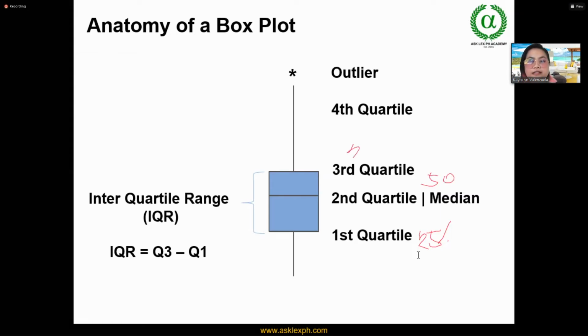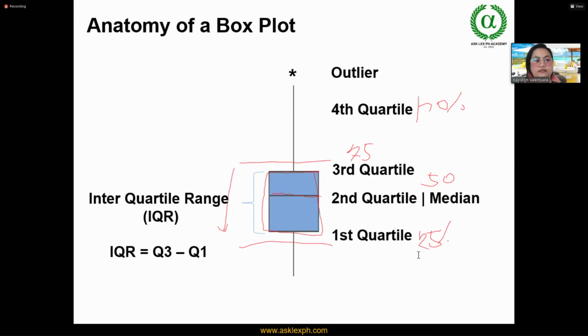Third quartile, 75%. And fourth quartile, 100%. So kung yung box nyo, tumapat ngayon between first and third quartile, ibig sabihin, 75% of your data pababa are represented. So yung gitna, it will be your median. So ibig sabihin, ang mga data nyo, naglalaro lang dito.